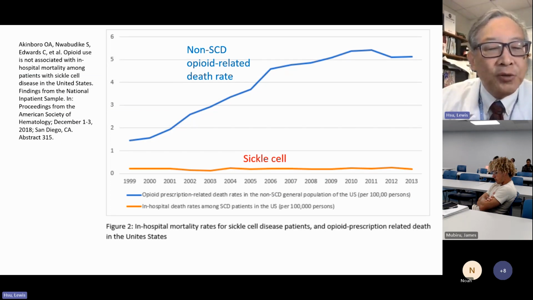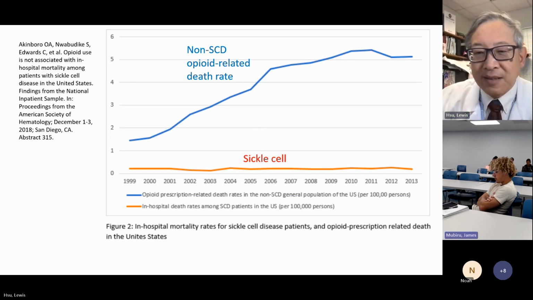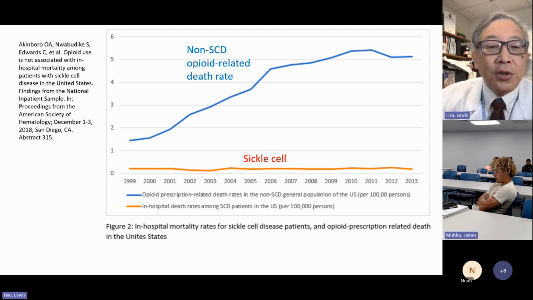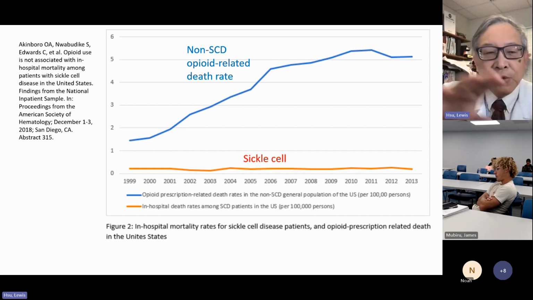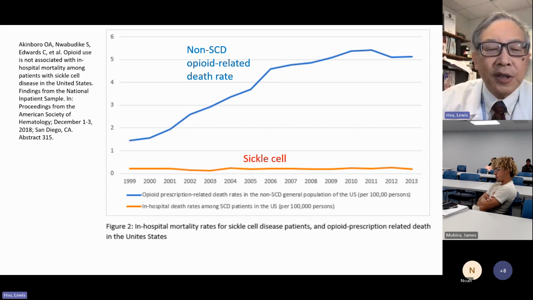People heard of the opioid crisis? Opioid overdose? Yes. So here's an older picture of the rate of deaths from opioids, with the blue line showing non-opioid and non-sickle cell disease opioid-related deaths.